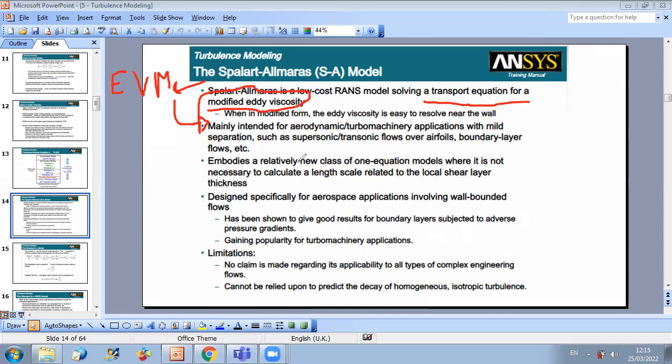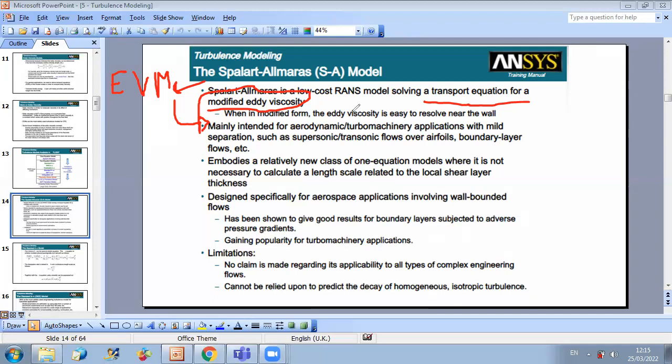As I told you, I know these ideas are complex. I just want you to have an overview of the models and in which application each one can be used, because it's really complex to understand their equations and how we modify them. The researchers took a lot of time to come up with these models. They are very complex models, but we just should have an idea about them.